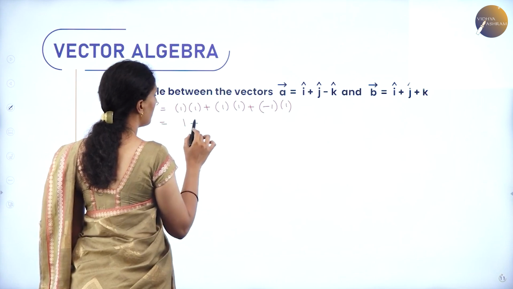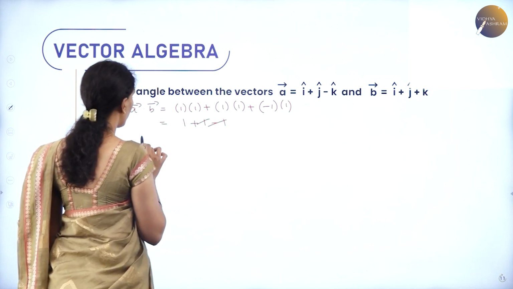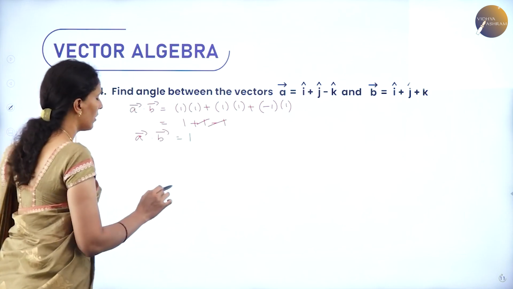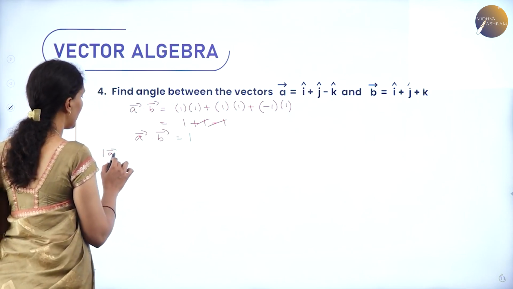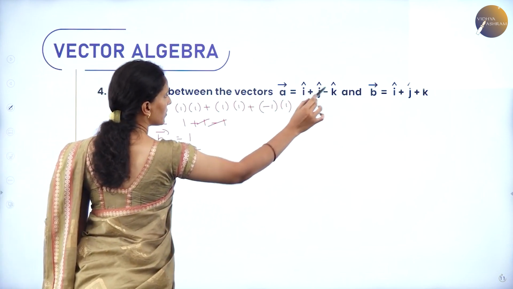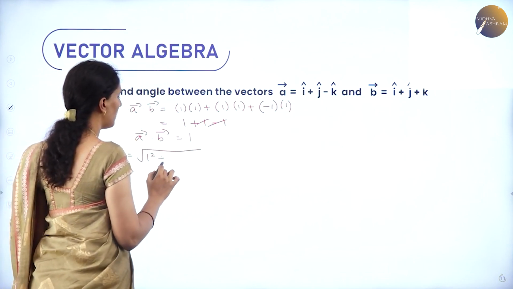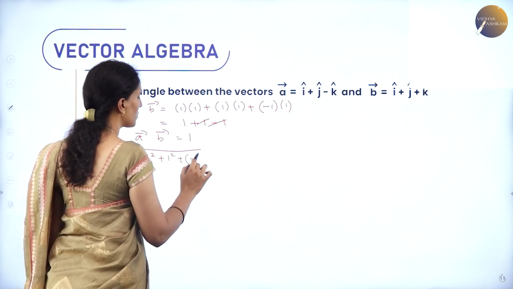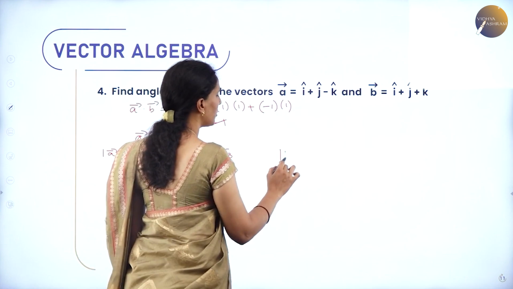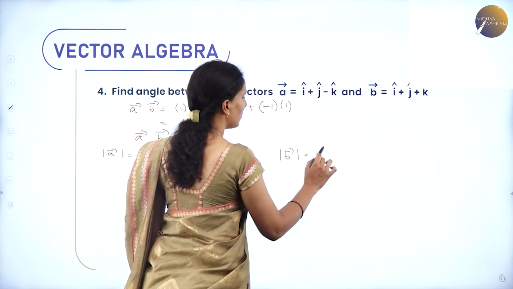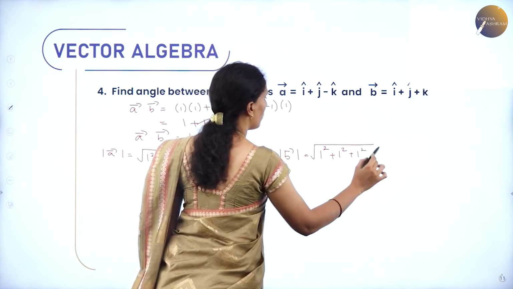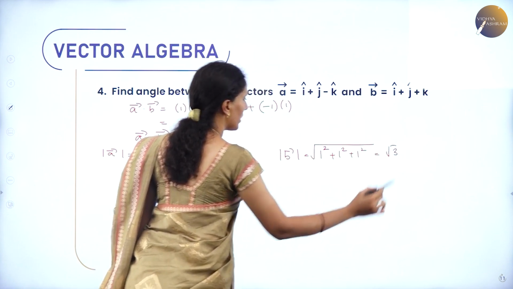So we have 1 plus 1 minus 1, and A dot B is equal to 1. Now, the magnitude of vector A is the square root of 1 square plus 1 square plus minus 1 whole square, which is root 3. Similarly, the magnitude of vector B is 1 square plus 1 square plus 1 square under the square root, which is root 3.